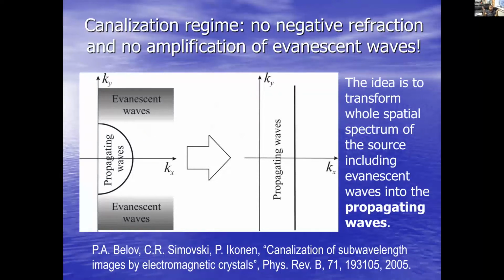In terms of the wave vectors, as soon as a component, say ky, of the wave vector is smaller than k0 equal to omega divided by c, this wave will propagate in free space. But if ky is greater than k0, then kx will turn out to be an imaginary number and the wave will be decaying. These waves are called evanescent waves.